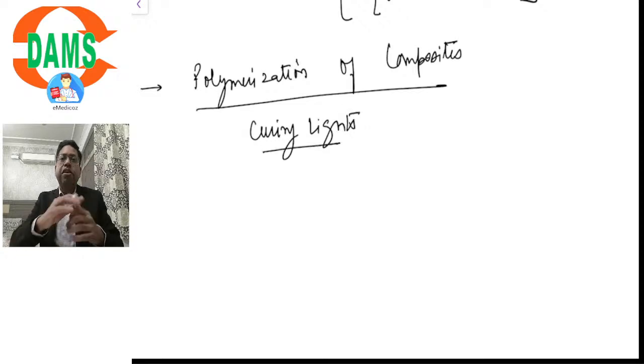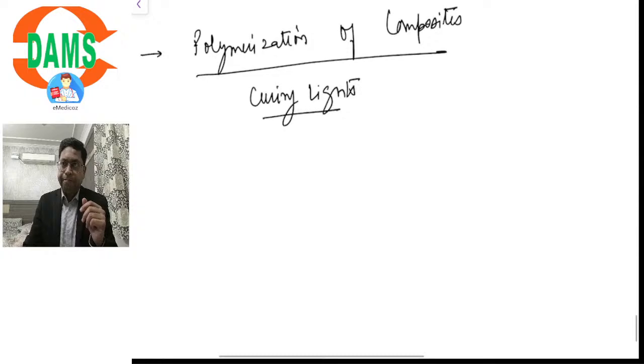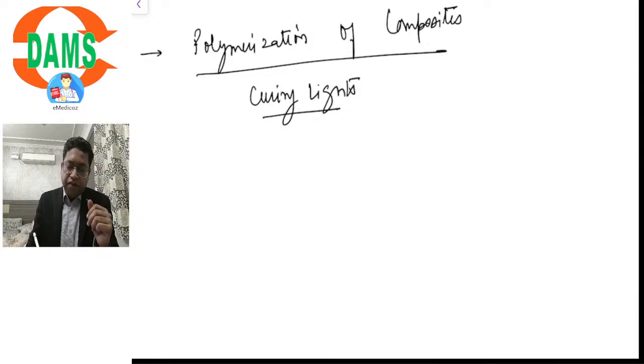So you have manipulated the composite according to the restorative need in the patient's mouth. Now you want to set it. You have to activate the polymerization. So that polymerization is activated by blue light.